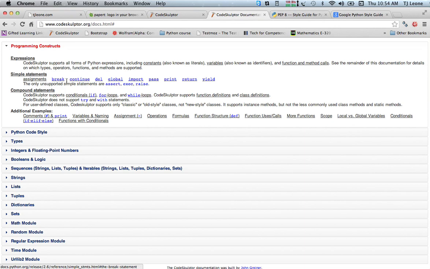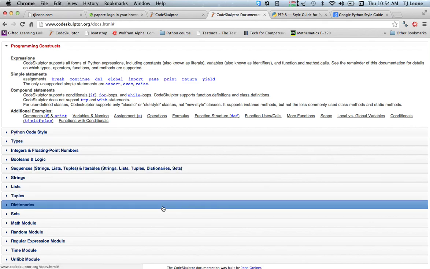There are things like break, continue, print is one of these, and return is another one. They're special words that are not procedure names, but they have special meaning. Also, if and for in Python are considered special kinds of keywords.